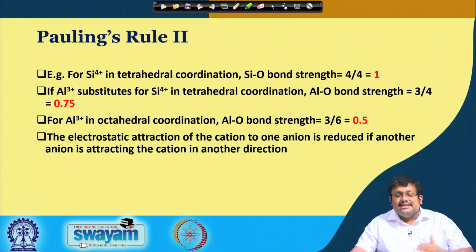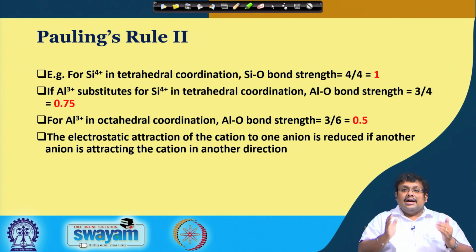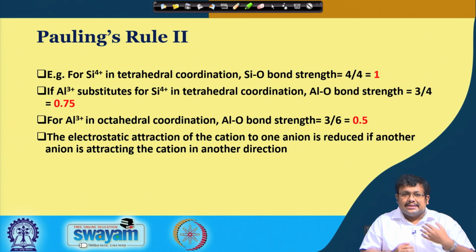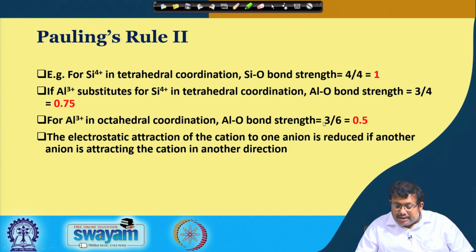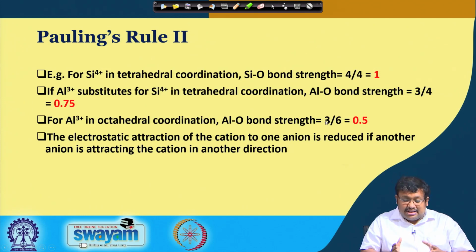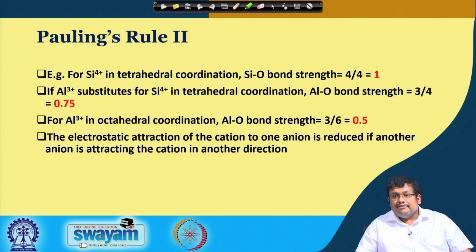So, bond strength is decreasing when you move from silica tetrahedra to a tetrahedra where silica is substituted by aluminum. For aluminum in octahedral coordination, the aluminum-oxygen bond strength becomes 3/6, where 3 is the valency of aluminum and the oxygen coordination number is 6. So, we are getting 0.5.